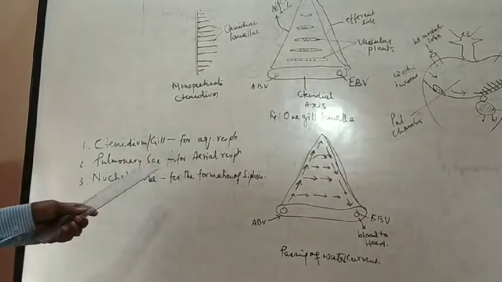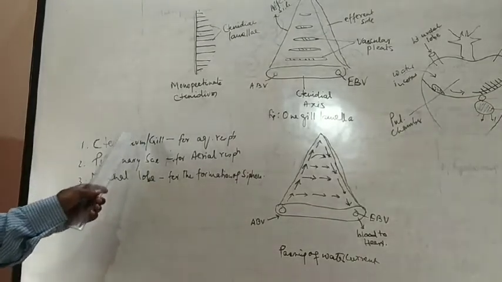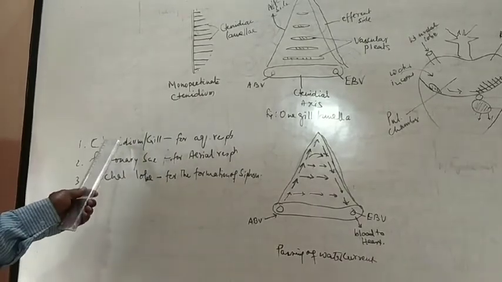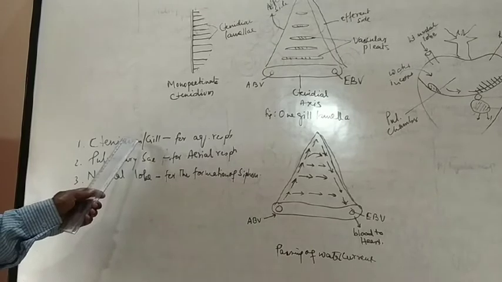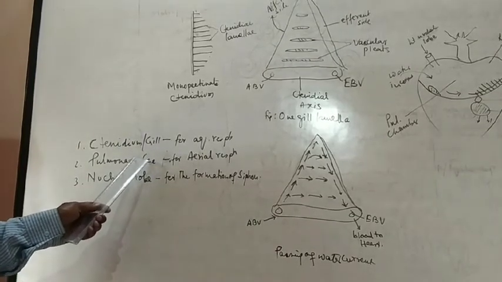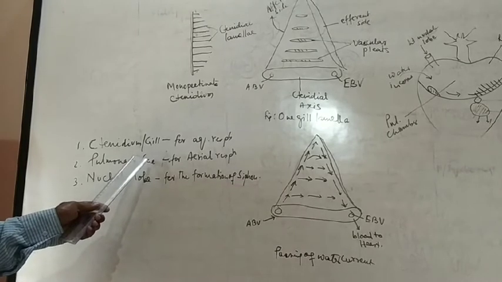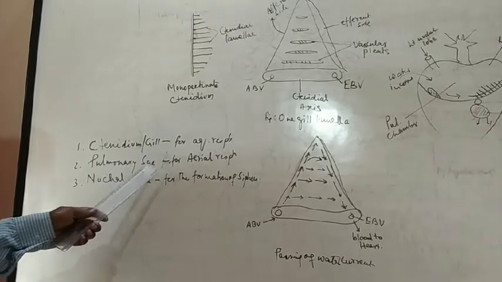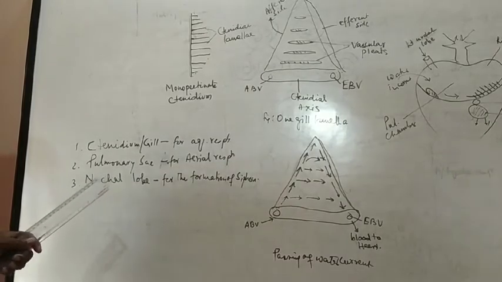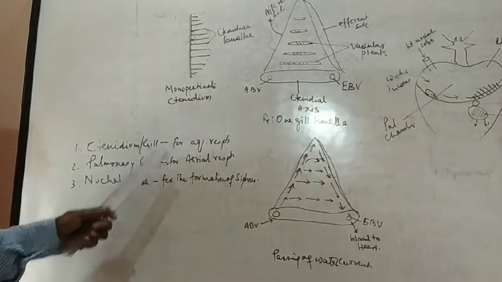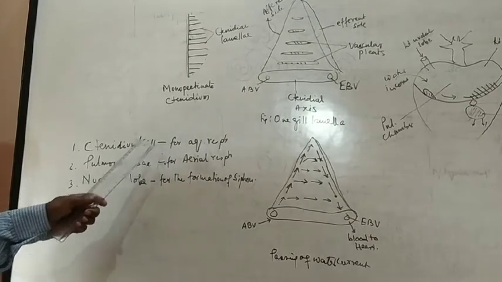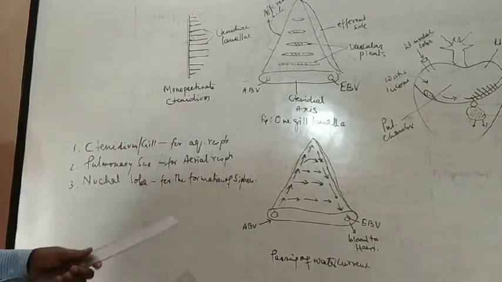Now students, we will discuss regarding ctenidium and pulmonary sac. Ctenidium is the gill of Pila, and pulmonary sac is the pulmonary chamber related to the lungs of the higher organism for aerial respiration. The ctenidium, gill, in case of Pila is monopectinate.